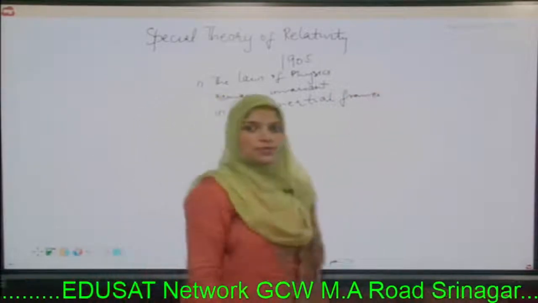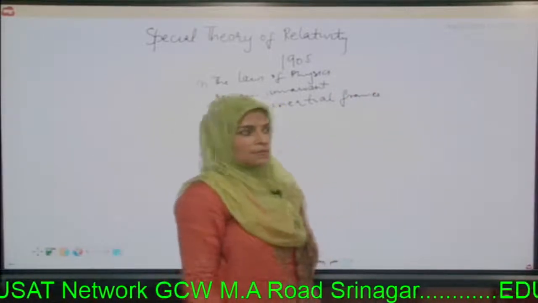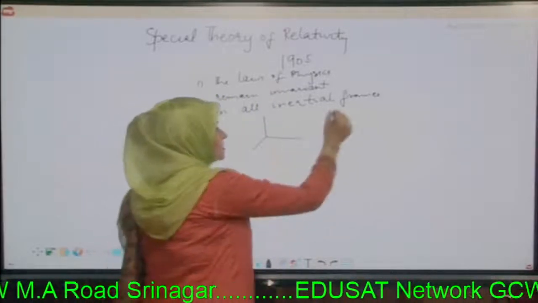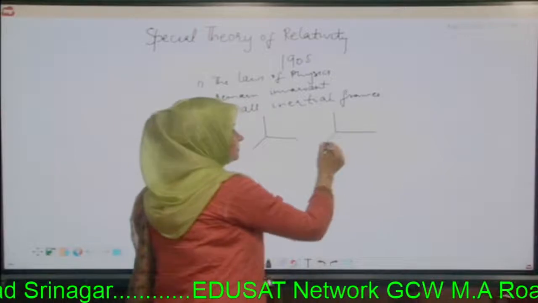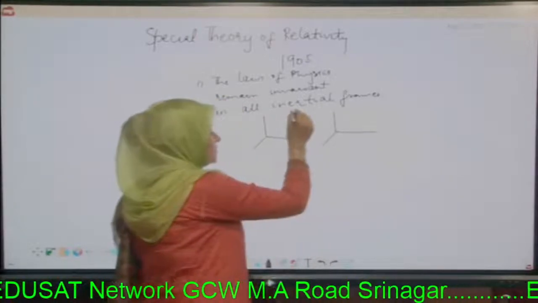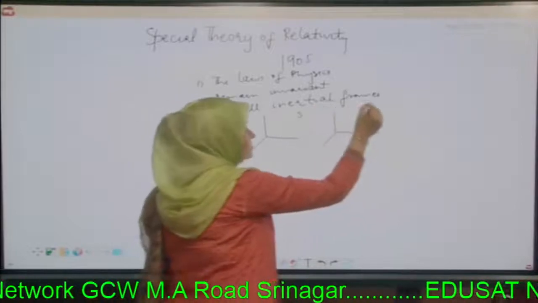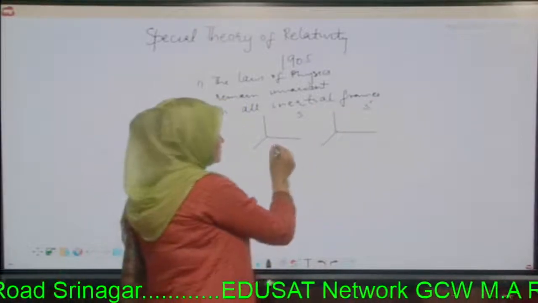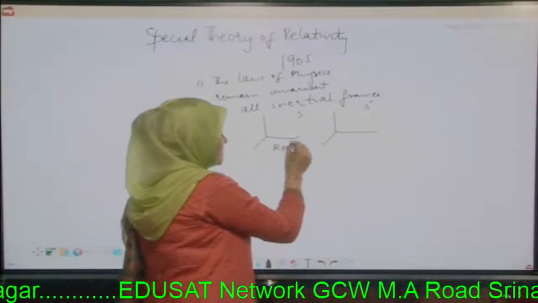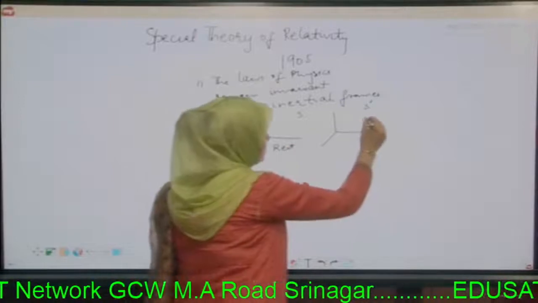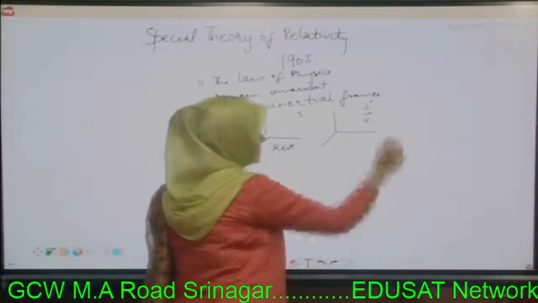Now, I hope all of you understand that a frame of reference which is at rest or which possesses a uniform motion is called an inertial frame of reference. So, we have two frames of reference S and S prime. This frame of reference S is at rest and the frame S prime is moving with respect to S with a constant velocity v.